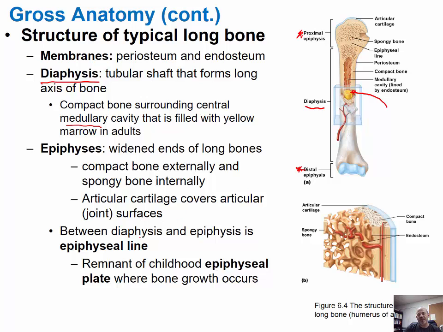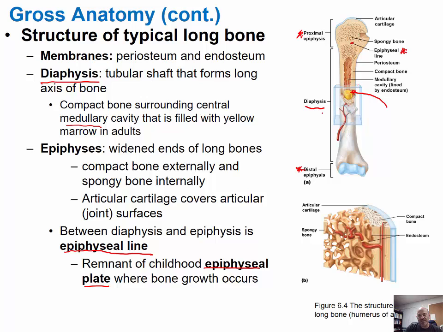Now between the diaphysis and the epiphysis, we're going to have what's called the epiphyseal line, and this epiphyseal line is made of compact bone, and it's a remnant of the childhood epiphyseal plate, which was made of cartilage. And in children, this is where the bones grow or lengthen. So over here in the diagram, there's your epiphyseal line right there.